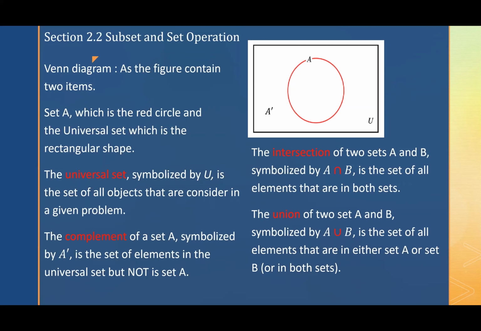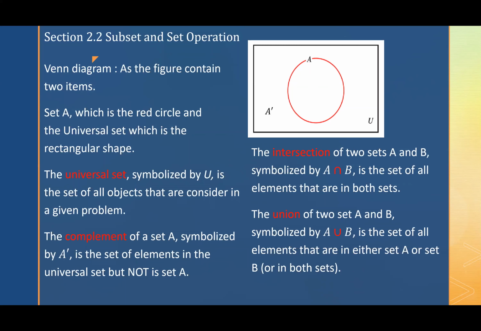Whatever is in set A, you just add it to what is in set B. If they ask you for the intersection, you give them what they have in common. So for the intersection, you give them the common element, the common member. But for the union, you combine them together. Whatever is in A, you combine with B. That's the union, unite them.